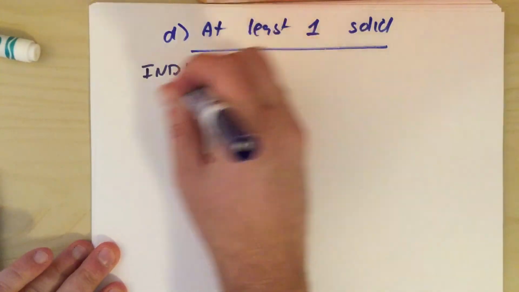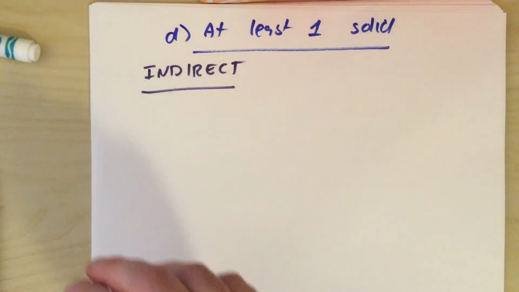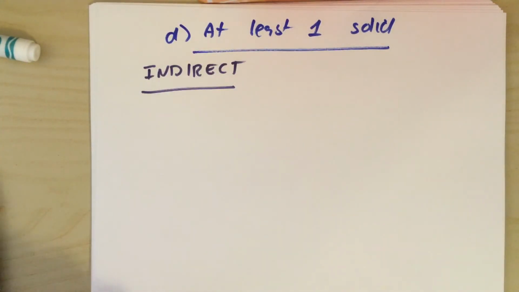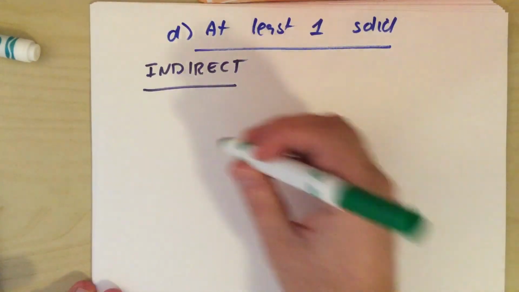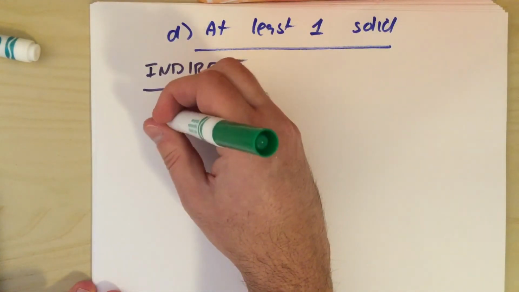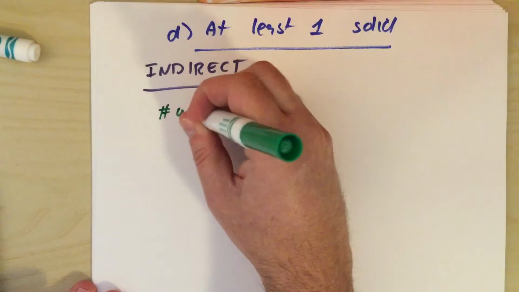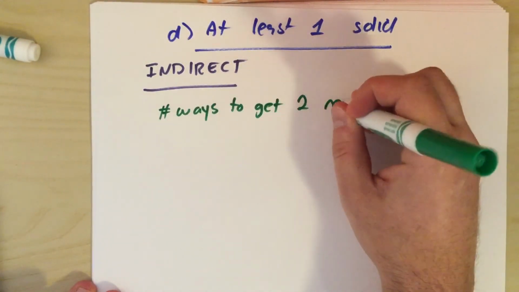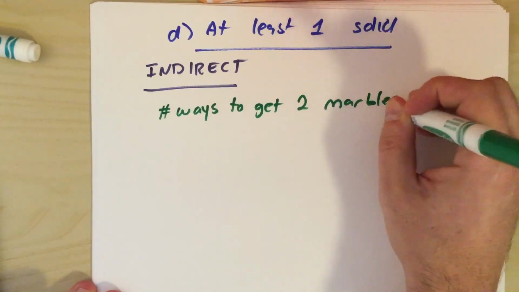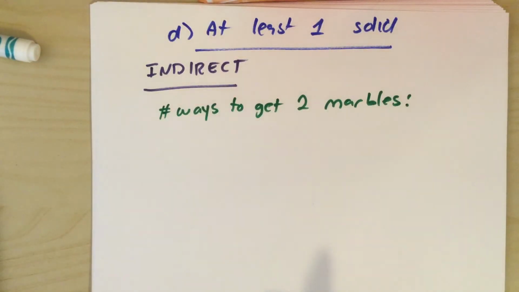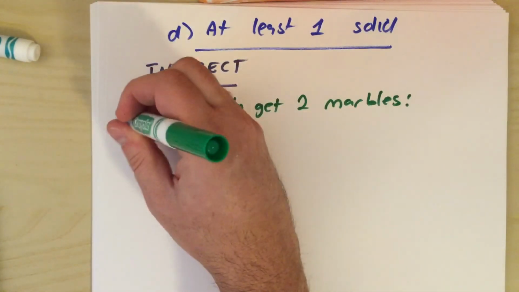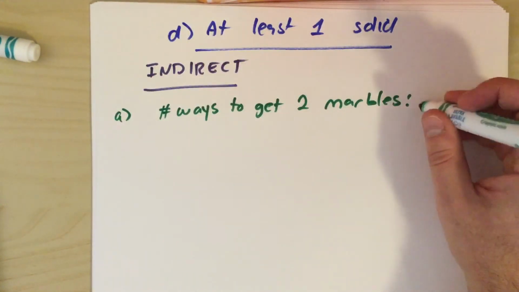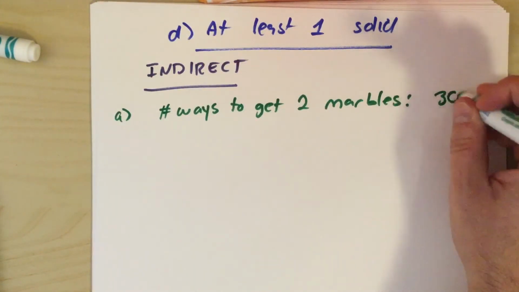And the way indirect works is, first of all, the number of ways to get 2 marbles. We already calculated that, that was A. So the number of ways to get 2 marbles is 30. There's 30 ways to get 2 marbles.